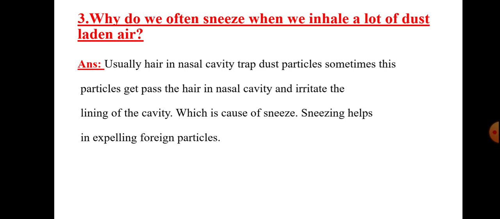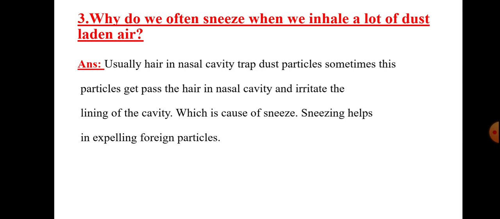Third question. Why do we often sneeze when we inhale a lot of dust-laden air? Answer.